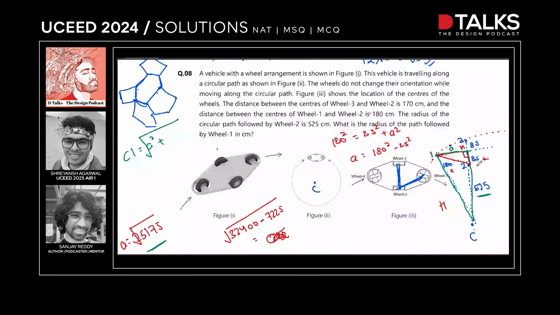CM is 525 plus 85, so that is 610 square. That's why we did not calculate the value of root a, because we need the value of a square, 25175, plus 610 square, which gives you 372,100 plus 25175.